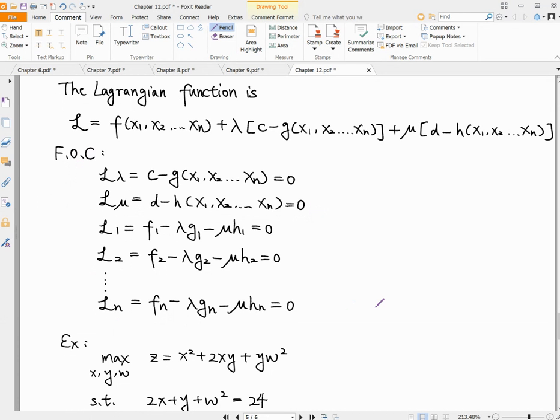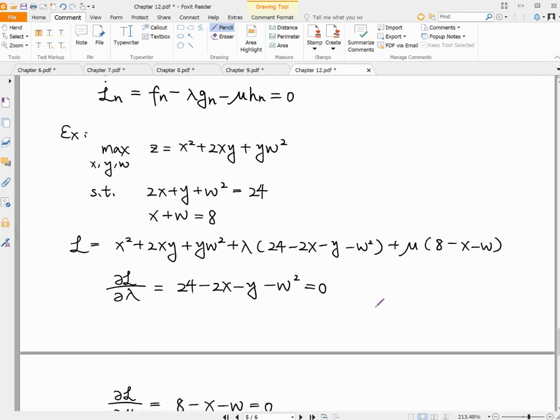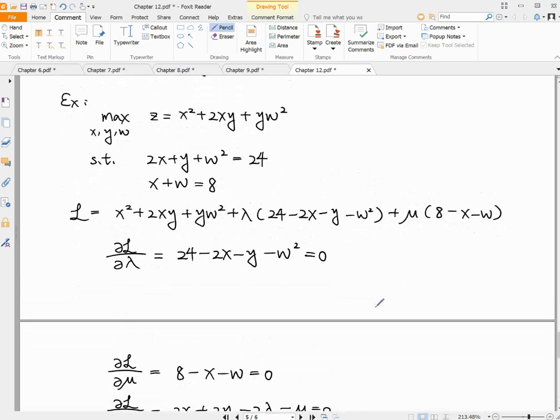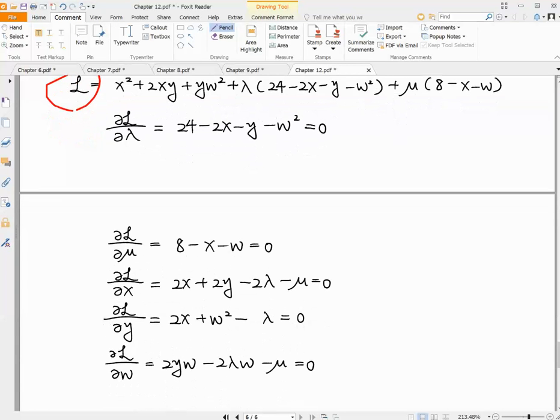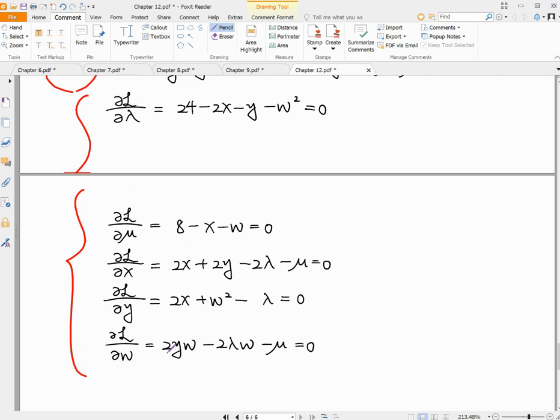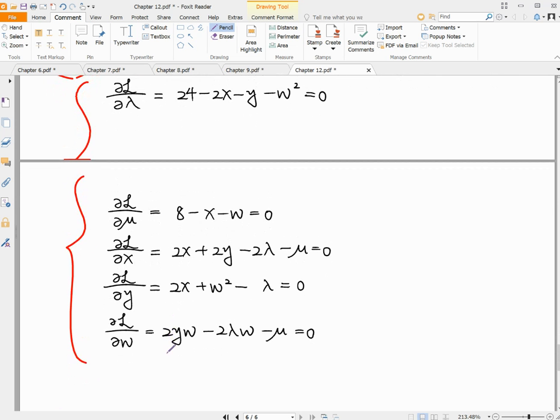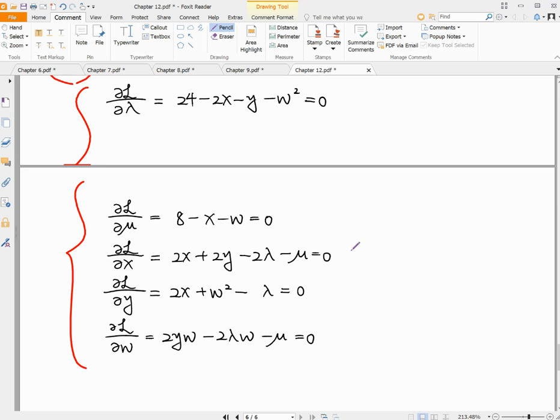You don't need to worry more about that, right? Just like the example shows, we have a very complicated Lagrangian function, and you need to be able to write down all the first order conditions here. But you don't need to know how to solve it because it takes a lot of time, right? If you write down the first order conditions correctly, then you should get the full points, right? So this is about chapter 12.